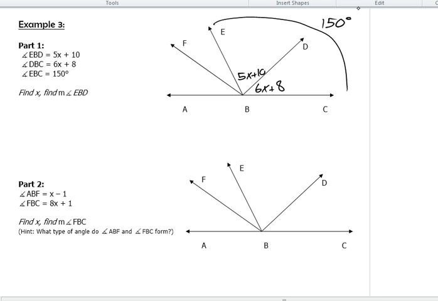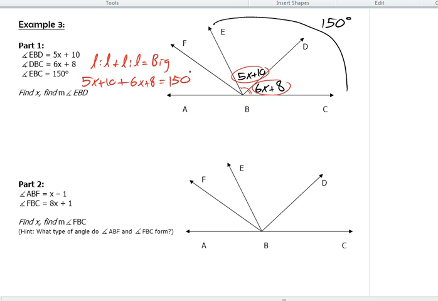Geometry, you always have to find x, then you can use it to find other pieces that we might use. So, we know that this little piece plus this angle, so these two angles together add up to the big angle. So, it's going to be your little plus your little equals your big, or 5x plus 10 plus 6x plus 8 equals 150.